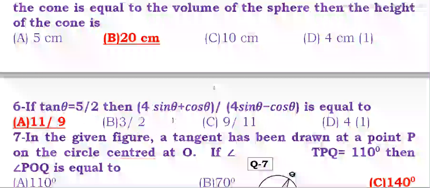We can also roughly calculate using tan equal to sine by cos. If for sine we put 5 and for cos we put 2, then 4 into 5, 20 plus 2, 22, and 4 into 5, 20 minus 2, 18. So 22 by 18, that will again be 11 by 9.